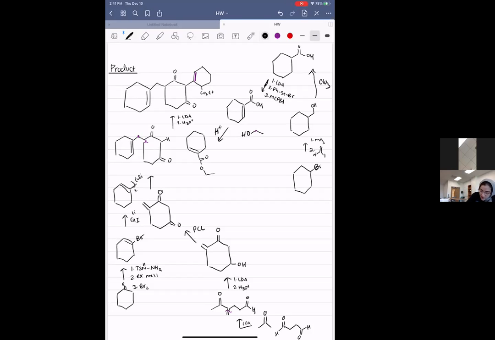And adding magnesium will make it into a negative. And then when that negative is going to attack formaldehyde, you will get this. And then we can easily make that by just having a cyclohexane and adding Br2 and light.